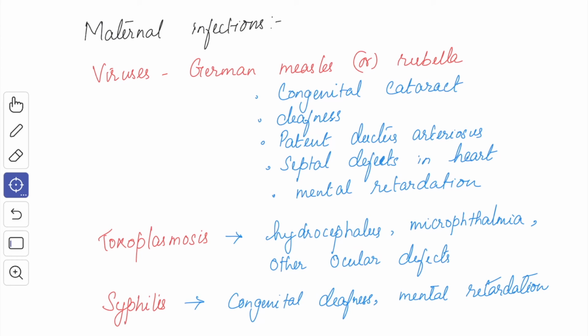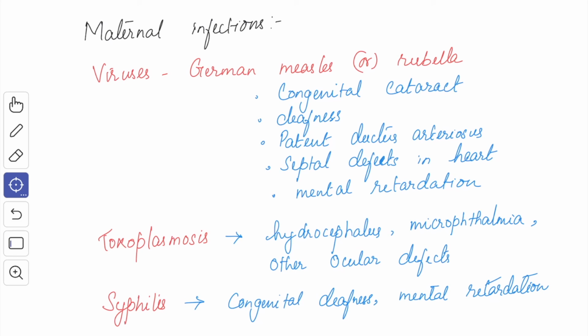Only 3 viral diseases, rubella, cytomegalovirus, and herpes simplex, have been positively identified as causing malformation and chronic fetal infection which persists after birth. Other viral infections such as measles, chickenpox, mumps, and poliomyelitis may act as teratogens producing fetal malformations.